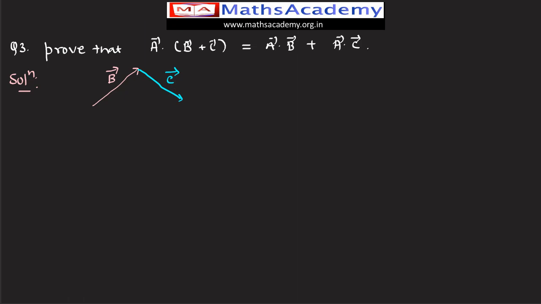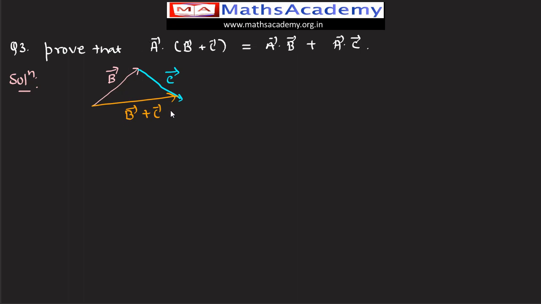By the triangle law of addition we get this vector, which is B plus C vector.